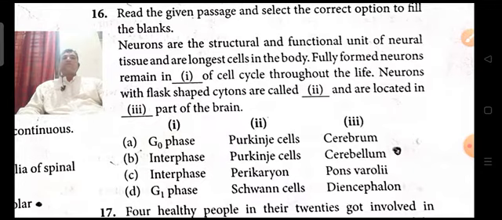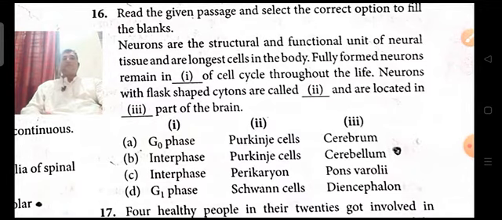Neurons with flask-shaped cytons are called Purkinje cells and are located in the cerebellum part of the brain. So here the neurons are the structural and functional unit of neural tissue and are the longest cells in the body. Fully formed neurons remain in a non-dividing phase or interphase, which means they are unable to divide.